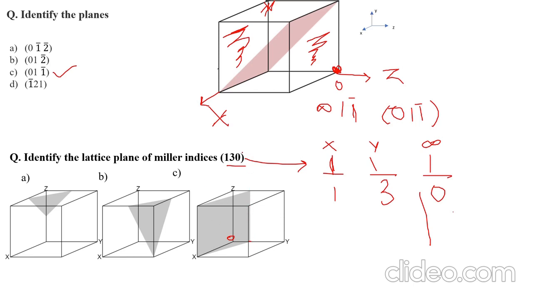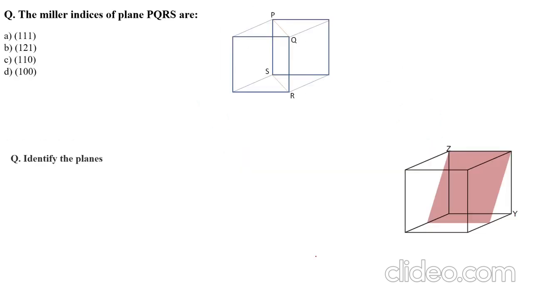So this Miller index corresponds to this plane, which is plane C. Okay, so we have the next question that says the Miller indices of plane PQRS are. So you have to identify the Miller indices for PQRS.